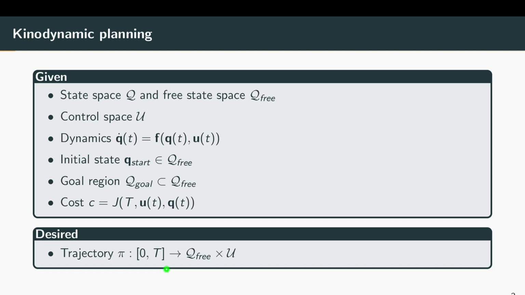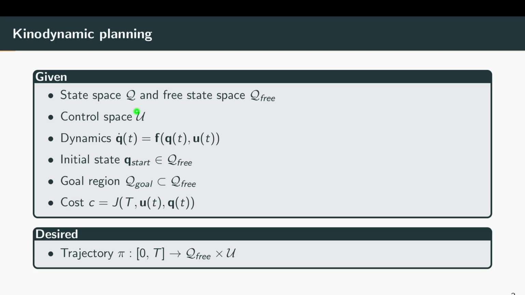That was an alternative interpretation. We have our control space U that tells us how our robot can be operated. And then we have this dynamics function that is typically also given. Sometimes it can be learned, but it tells us over time how our robot moves.